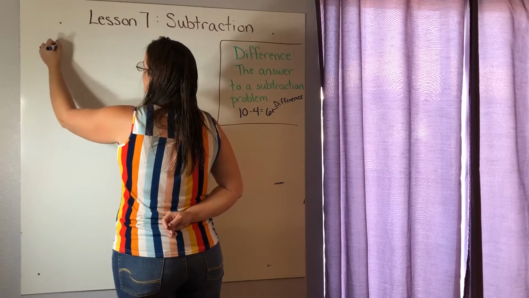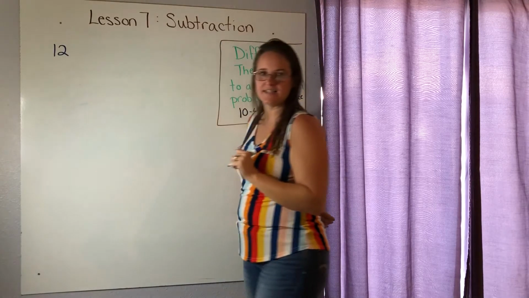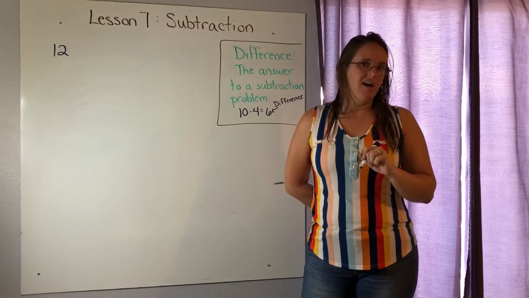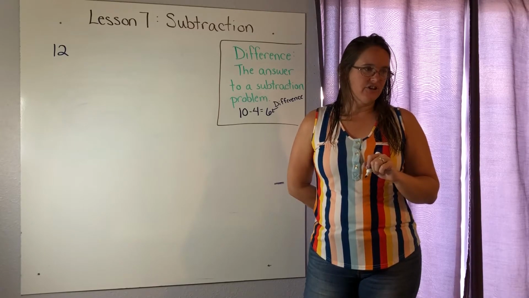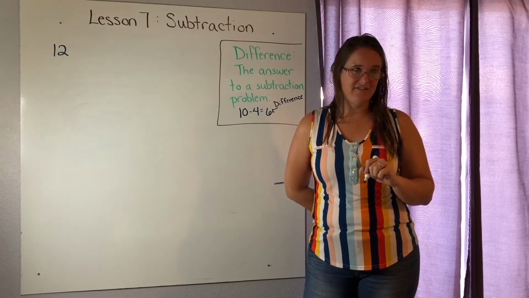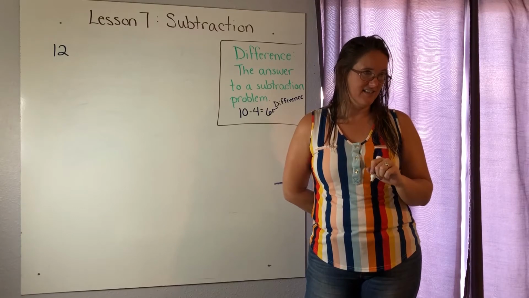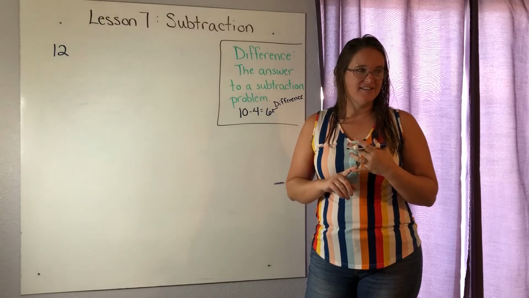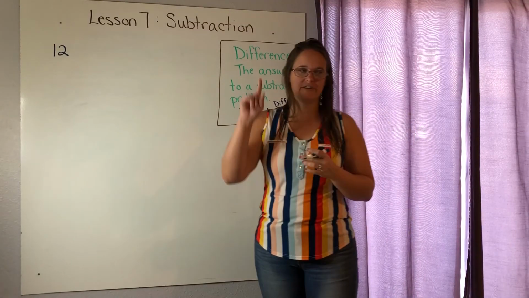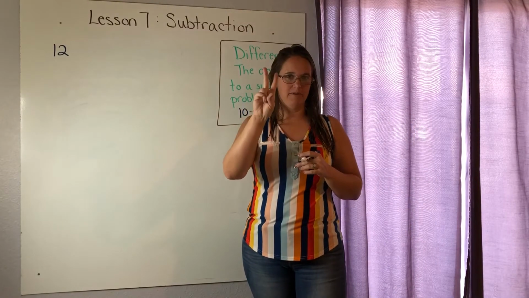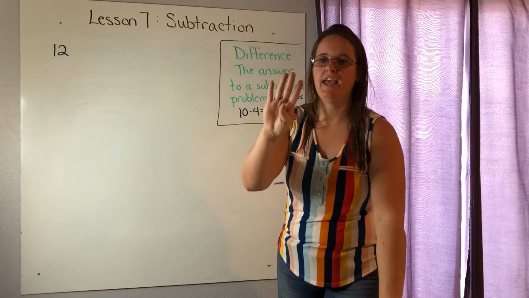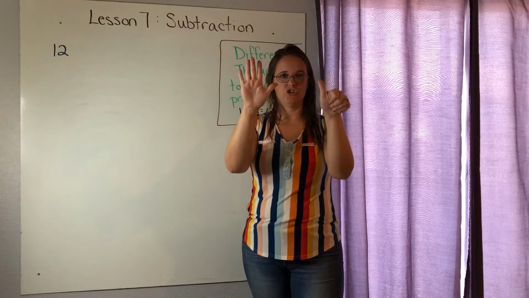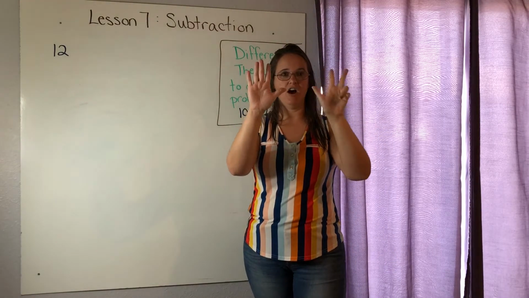So I can just put a 12 up there because that's what I'm starting with. How many months are after August? Well, I think I need to figure out what month August is. What month is August? Do you know? Let's say them together. January, February, March, April, May, June, July, August.